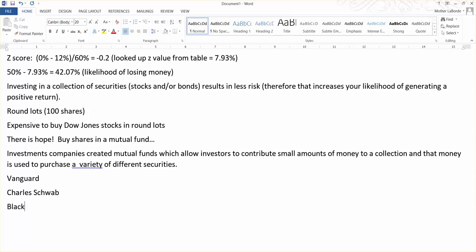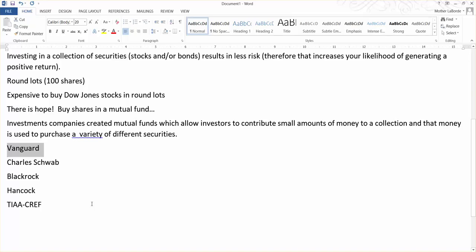BlackRock is another management company. John Hancock, TIAA CREF. There's really hundreds of investment companies. The main one I'm going to talk about is Vanguard. The one reason that I like Vanguard, they're very well known, very well established, have a nice selection of index funds, which I'll explain in a later video, with extremely low fees.